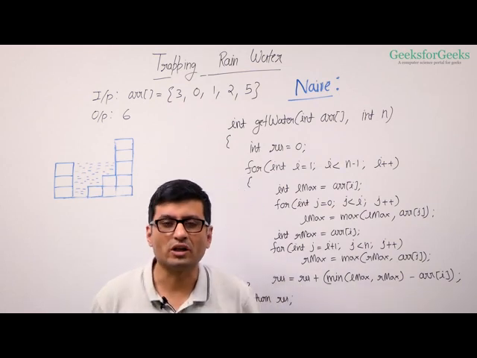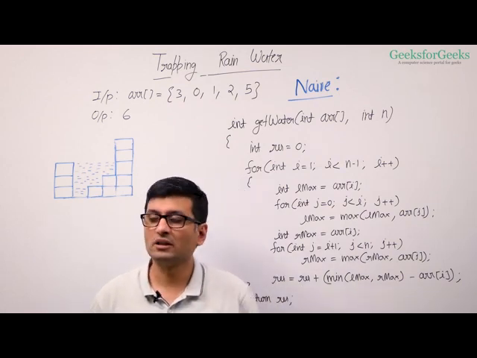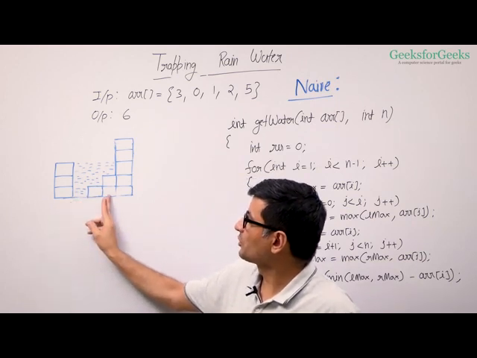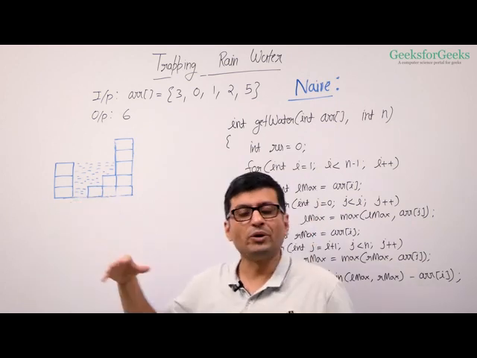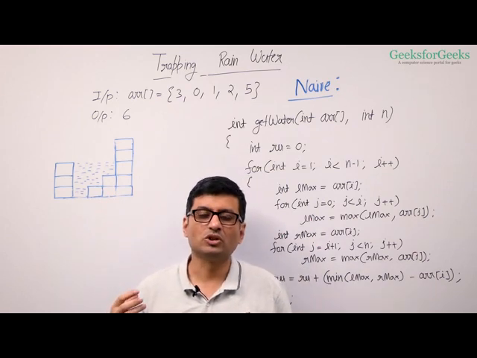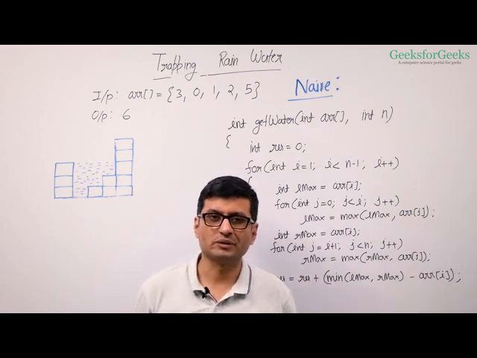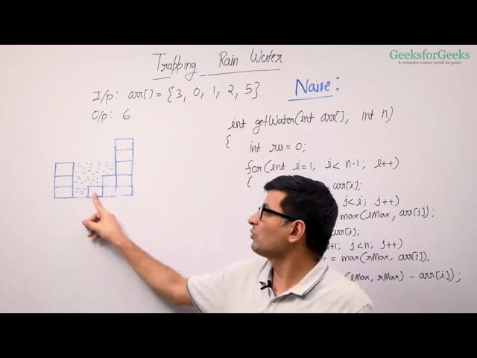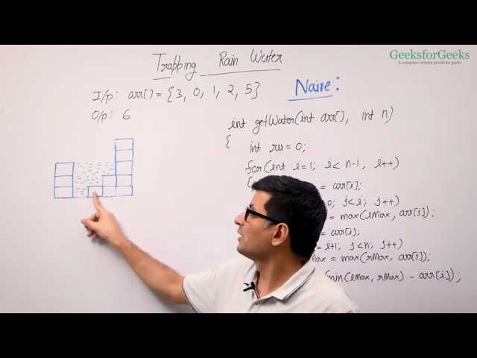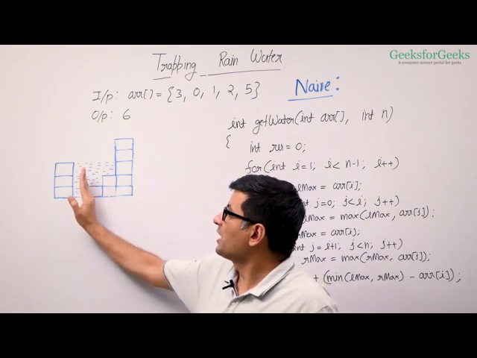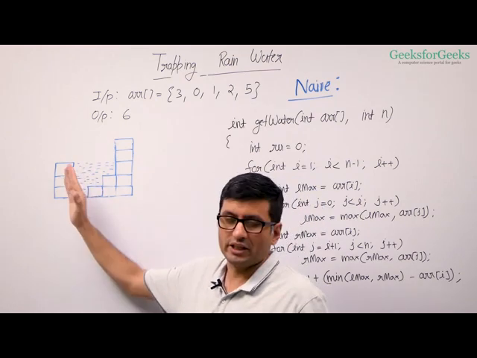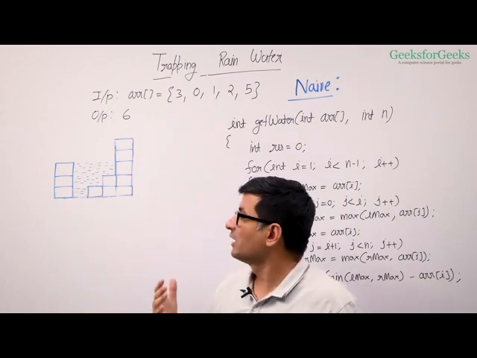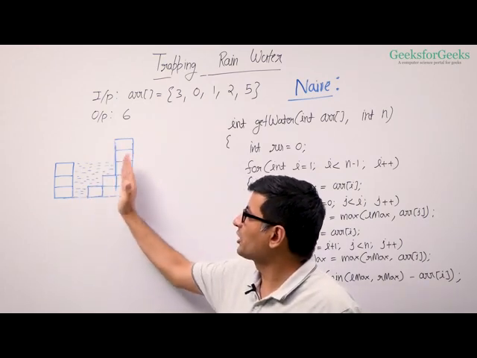Now, how much water can we store in the middle bars? How much water can we store here? How much water can we store here? And how much water can we store here? If you take a closer look at this problem, you will notice an interesting property. For example, for this bar, what you do is you find the maximum value on the left side, the highest support that you have on the left side, and the highest support on the right side.